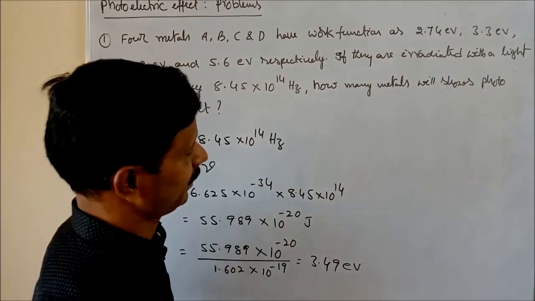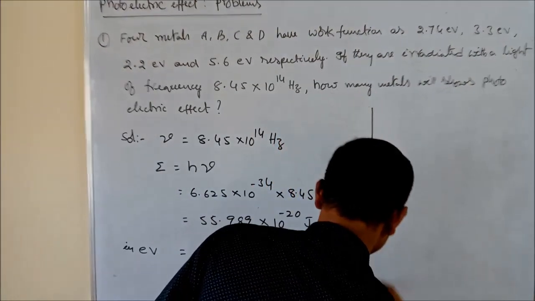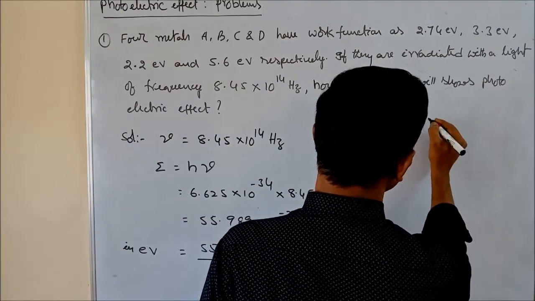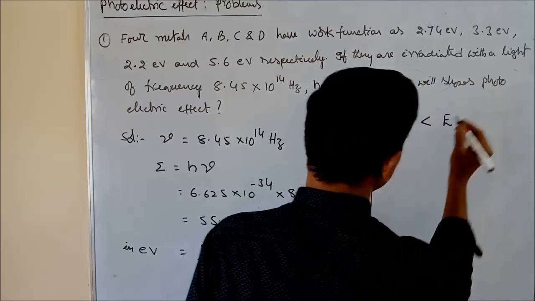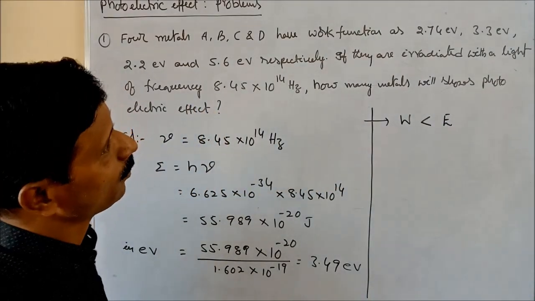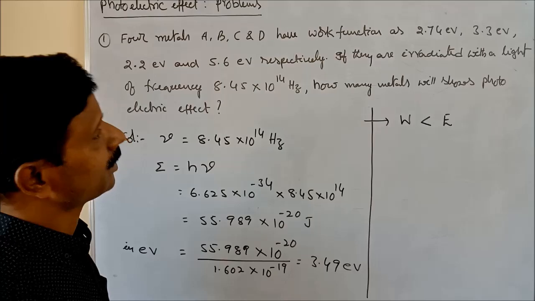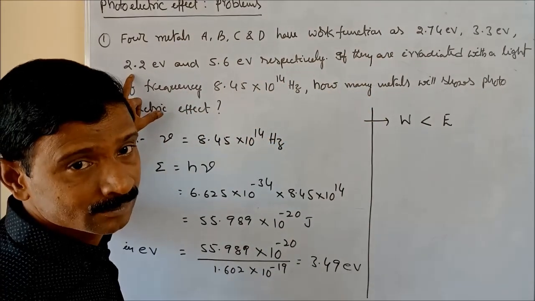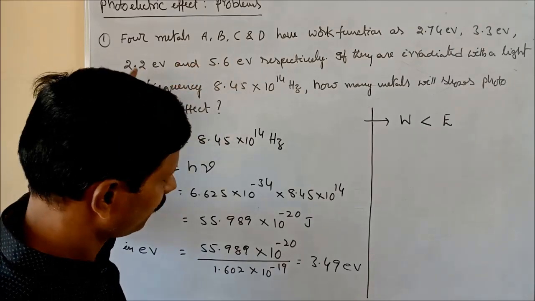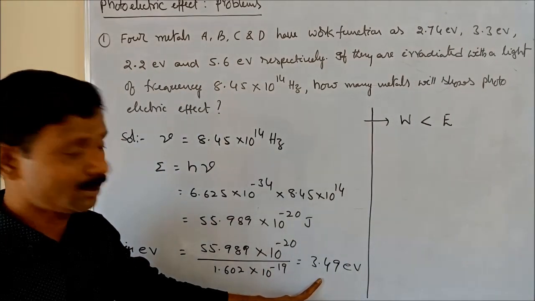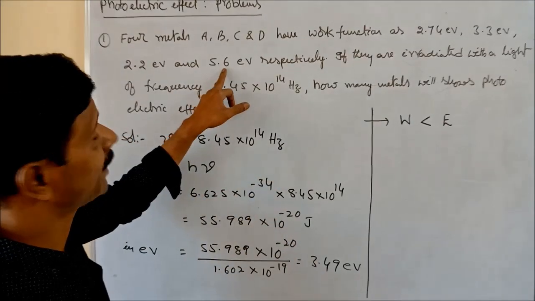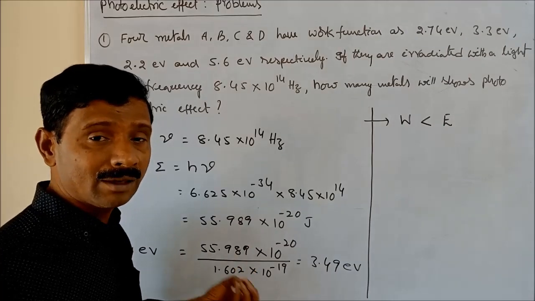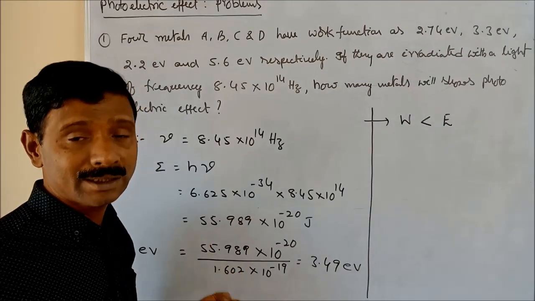Now observe the work functions. For the photoelectric effect, the work function should be less than the incident energy. So for how many metals is the work function less than 3.49? That is A, B, C. For the first three metals, the work function is less than 3.49, whereas for the fourth one, D, with 5.6, to remove the electron we require a minimum energy of 5.6 electron volts.